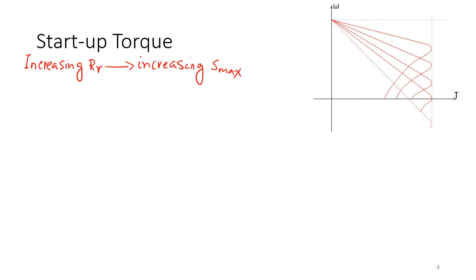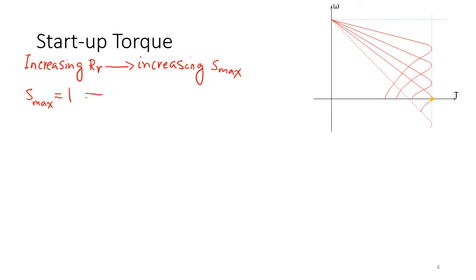Then we said if we increase it enough and design it properly, we can come to the point that S max, the slip at which the maximum torque happens, is equal to 1.